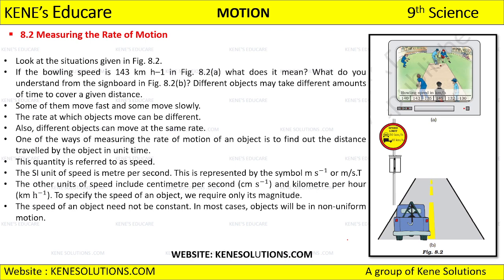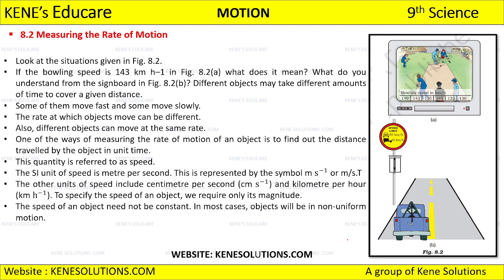If I throw a ball, the movement of the ball will be much faster as compared to a vehicle, right? So that is why it has been said that objects move at different pace. Some will be fast, some will be moving slowly, right? Also different objects can move at different rates, right?